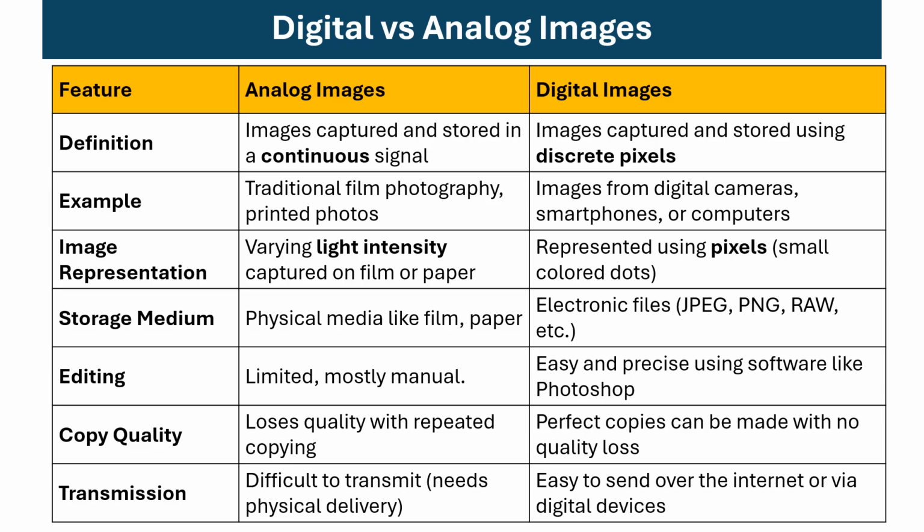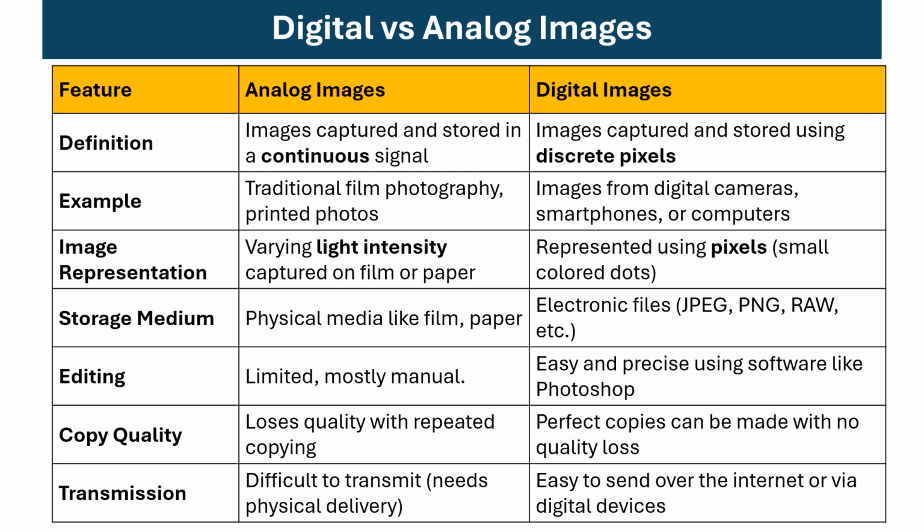Copy quality: when you copy analog images, you cannot produce the same quality over and over. But with digital images, when you want to share the images, copy them somewhere, you can copy and copy, and the quality still remains the same as long as you don't share in some compressed formats.